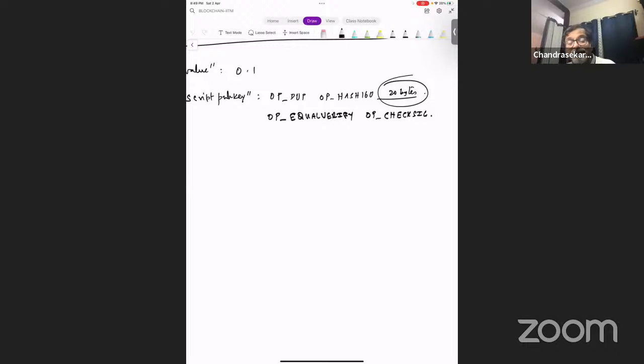So the output will have the value, and then this is called the script public key. This is also called the cryptographic puzzle. Only those who can solve this puzzle have access to this money.